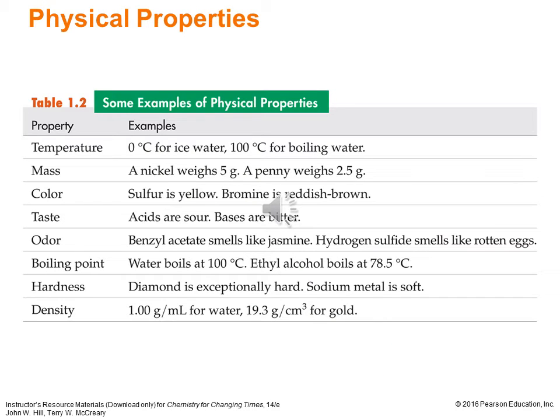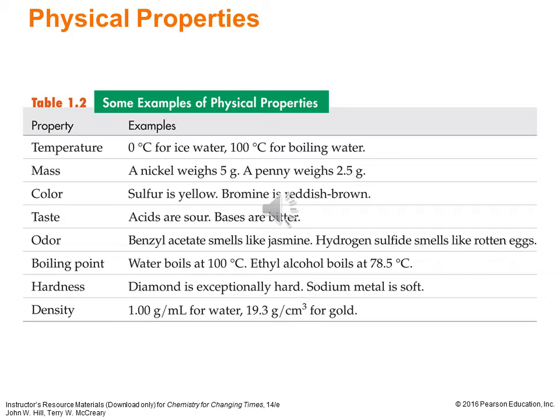And here, if we look at table 1.2 from the text, there's a number of other physical properties. So we already had mass and color. Also weight was on the previous slide, and I have already mentioned density. But there's other properties like temperature, which often gets us into boiling points or melting points. We have taste or odor, which can be characteristic of certain substances.